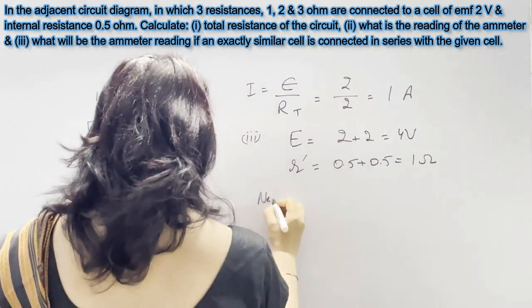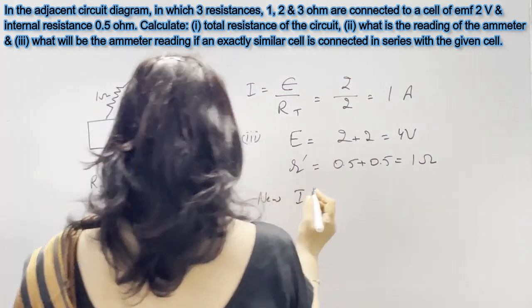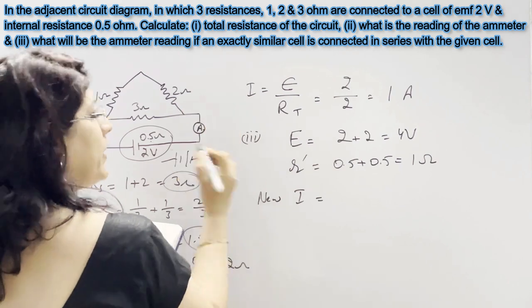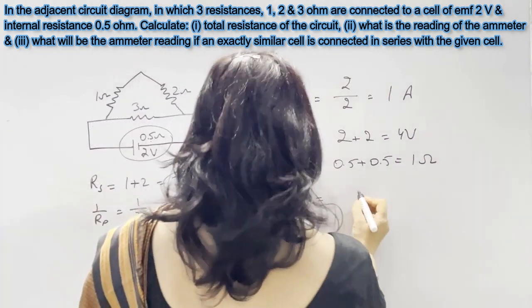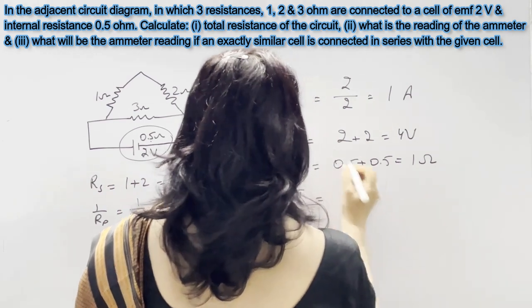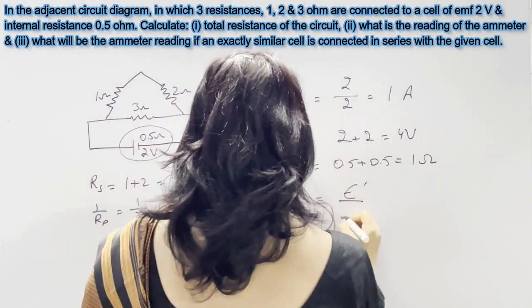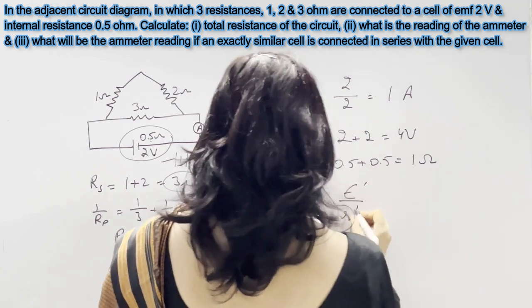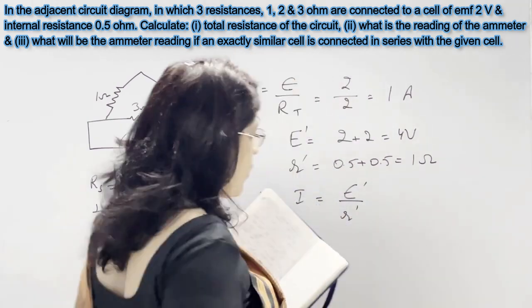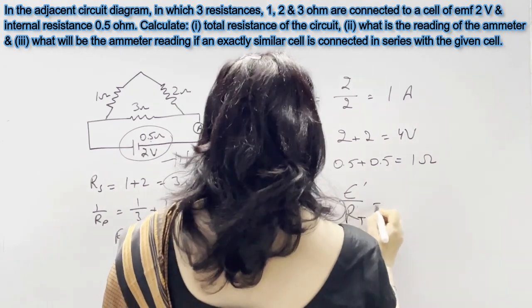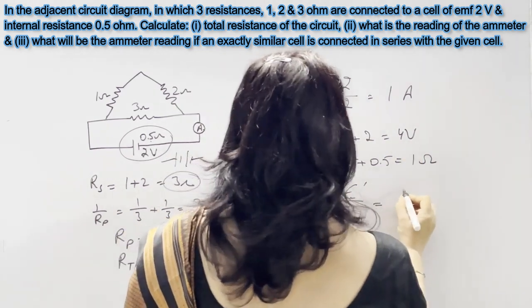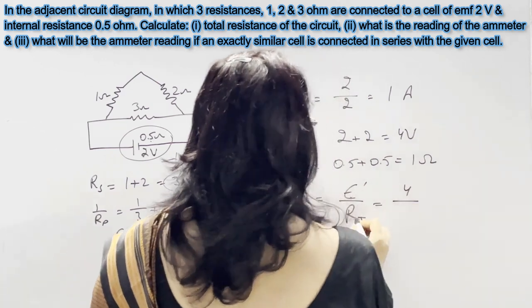So the new current in the circuit, it means the reading of the ammeter now when another cell is also connected in series with the given cell. Now the changed EMF and the changed internal resistance plus the total resistance. We can take total resistance here also. So EMF and total resistance: the new EMF is 4 volt.